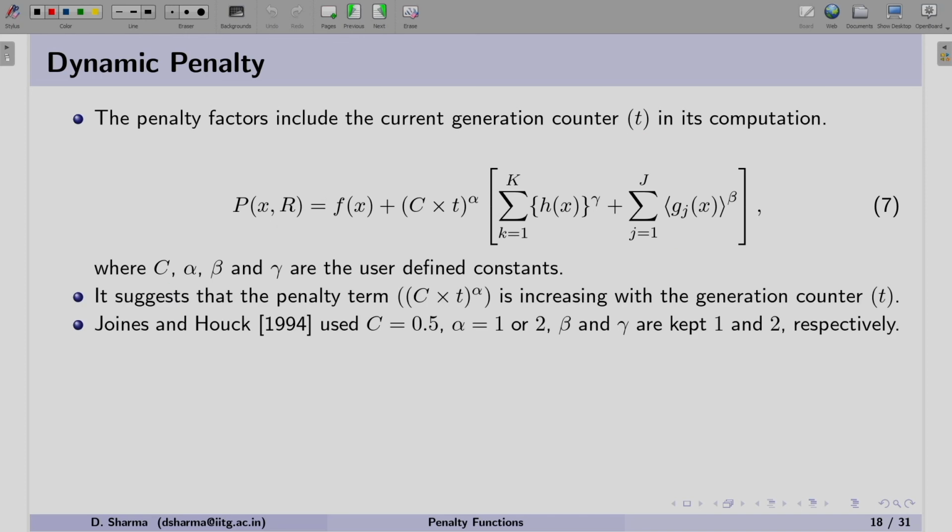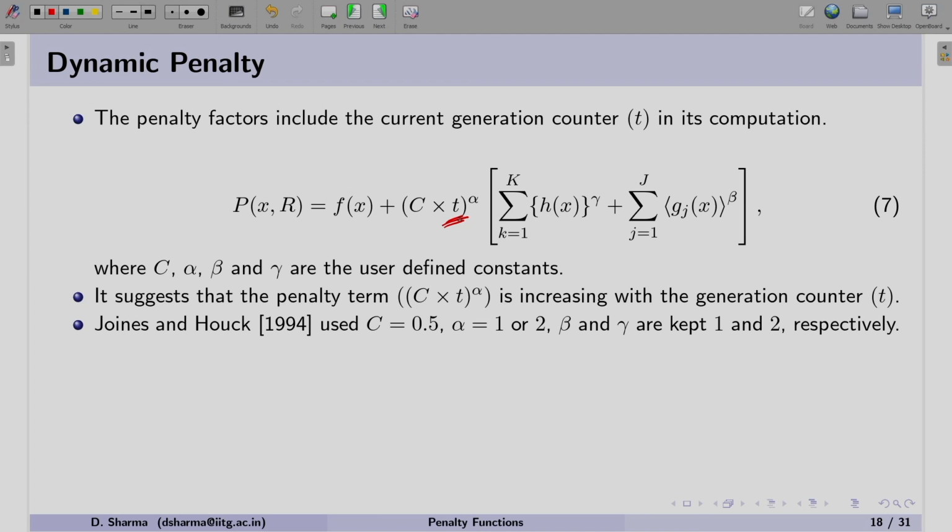Now, this equation 7 suggests that if the value of T is 1, so basically generation number 1, then this particular factor will be small. But as we move towards generation number 10, 20, 30, this factor will increase.